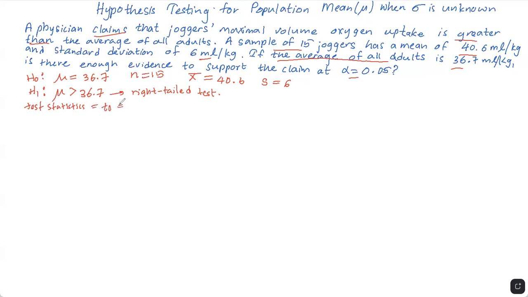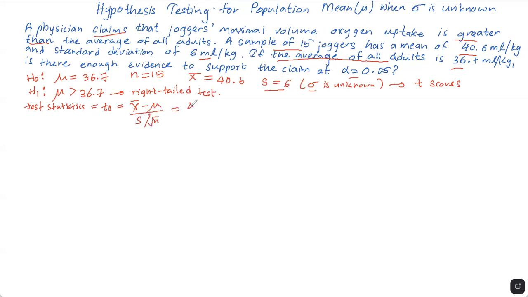Here we find t naught because as you can see here, sigma is unknown. So we know the sample standard deviation, but we don't know the population standard deviation. So we can use t scores. The formula for the test statistic is x bar minus mu over s over square root n.